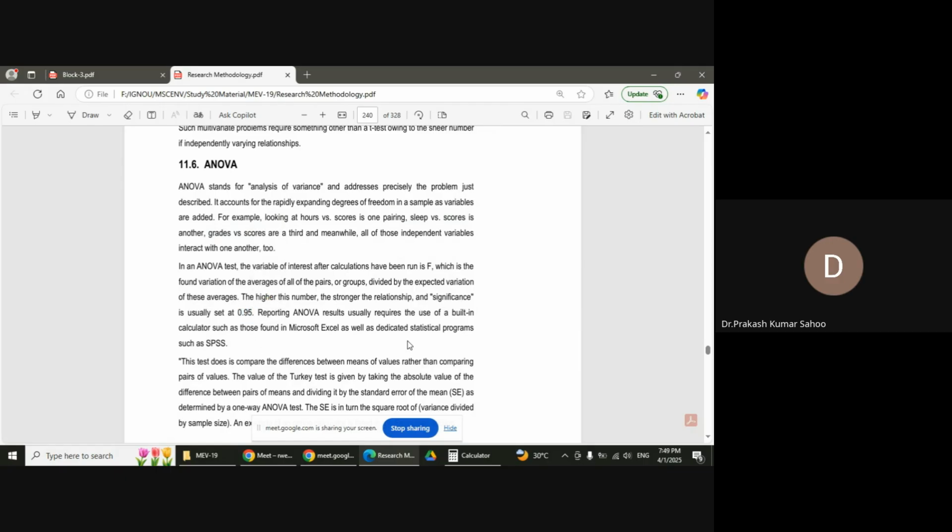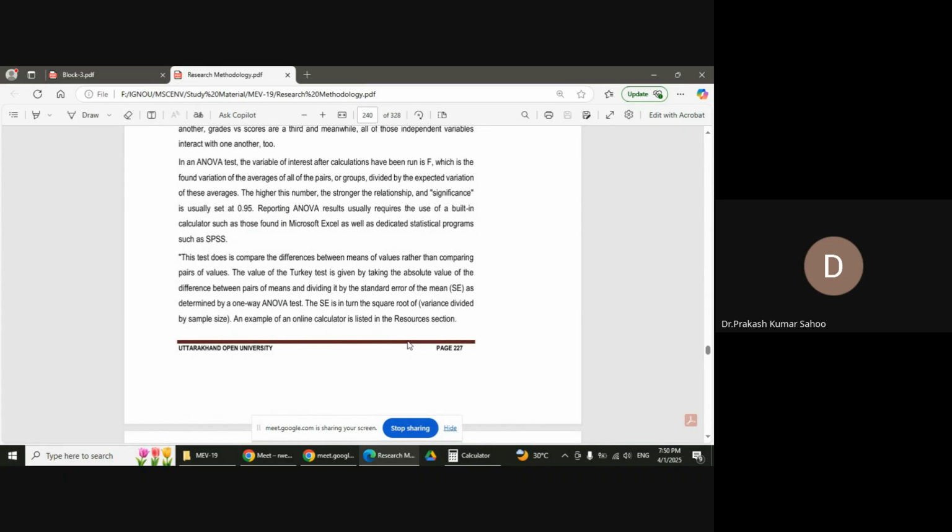So if your ANOVA test gives a higher number, then it is good because the relationship between the two groups becomes much stronger. Reporting ANOVA results usually requires built-in calculators such as those found in Microsoft Excel, as well as dedicated statistical programs such as SPSS. So all these are advanced tools which are there in Microsoft Excel as well as SPSS.